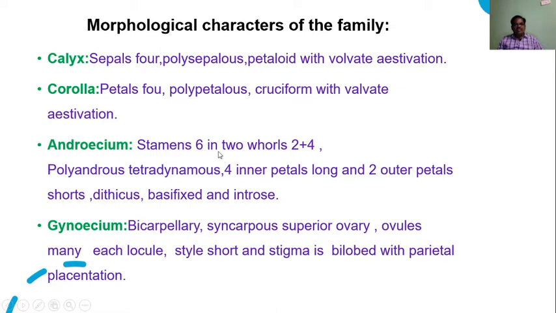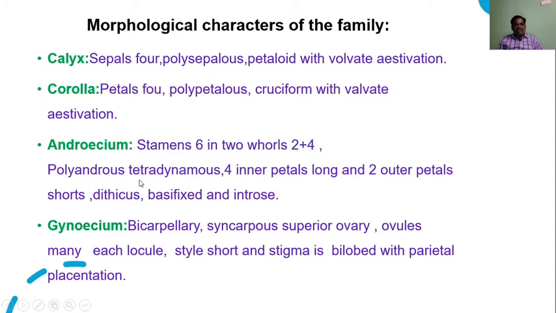Then stamens are 6, it is known as tetradynamous condition, that is stamens are 6, and out of these 6, 2 are short and 4 are long. Of these, 2 are arranged on one side and 2 on the other side, and the 2 on opposite sides are small in length, and the 4 are long. So stamens are 6, arranged in 2 whorls, 2 plus 4.